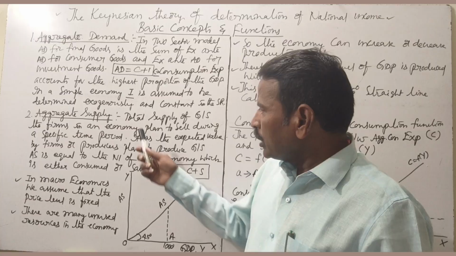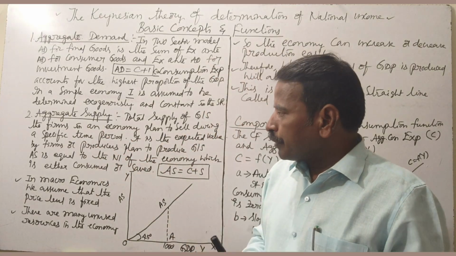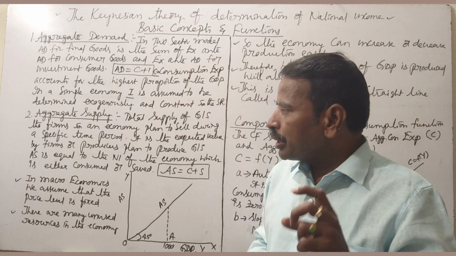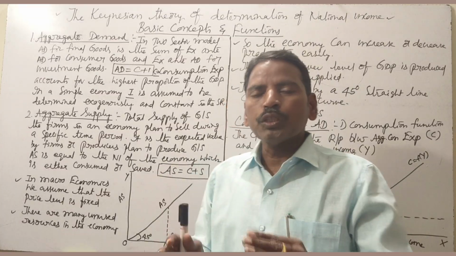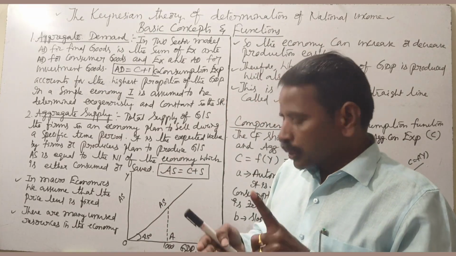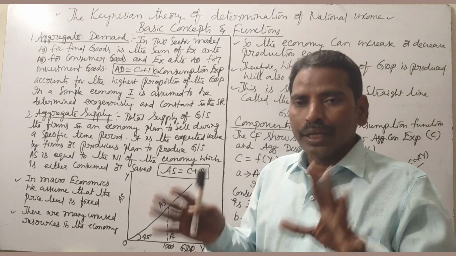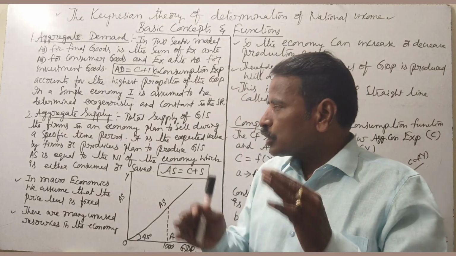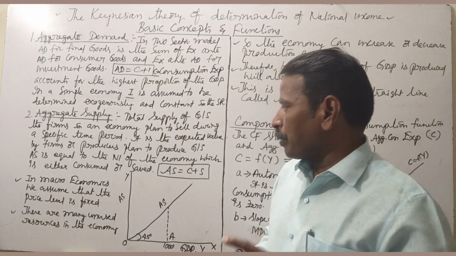Aggregate supply means the total supply of goods and services the firms in an economy plan to sell during a specific time period. This is called aggregate supply.